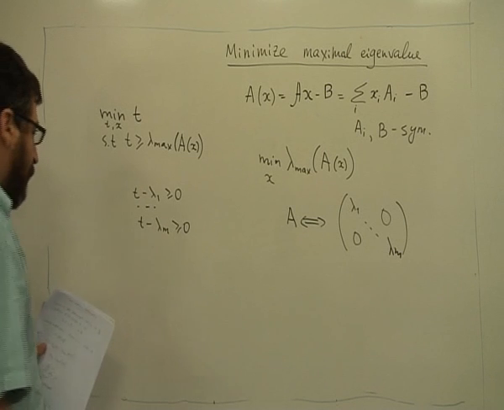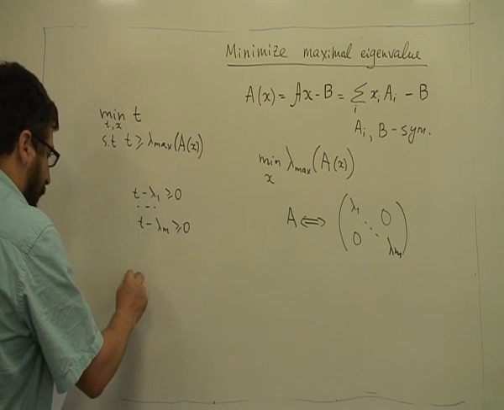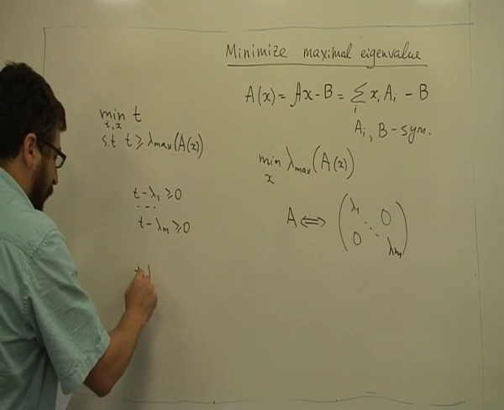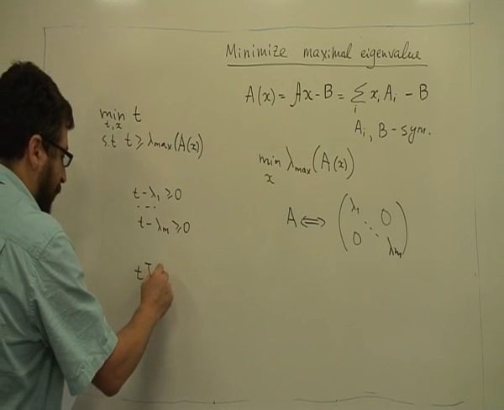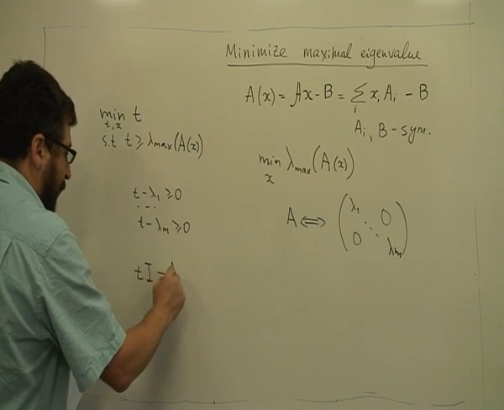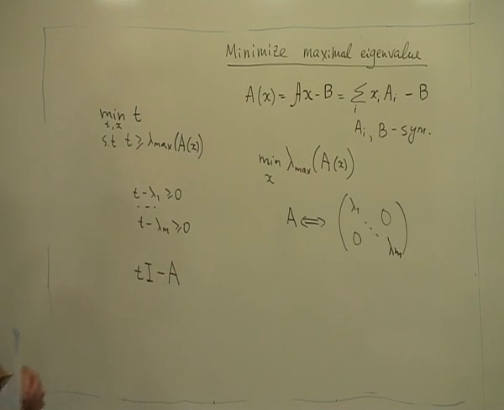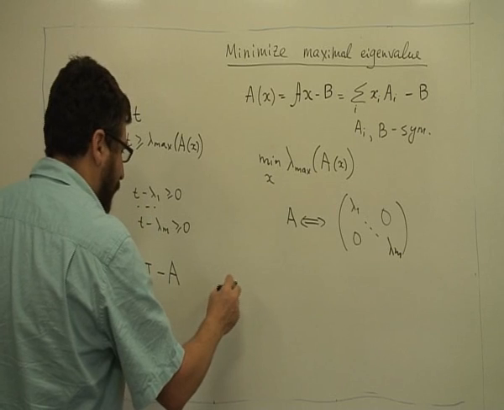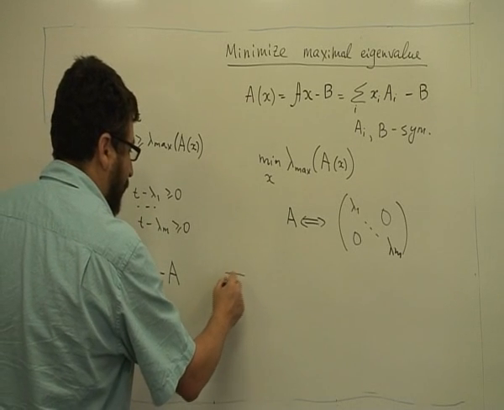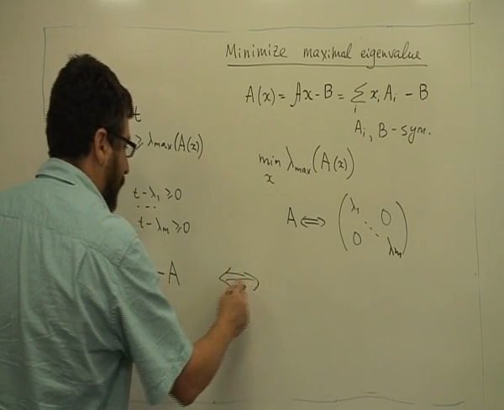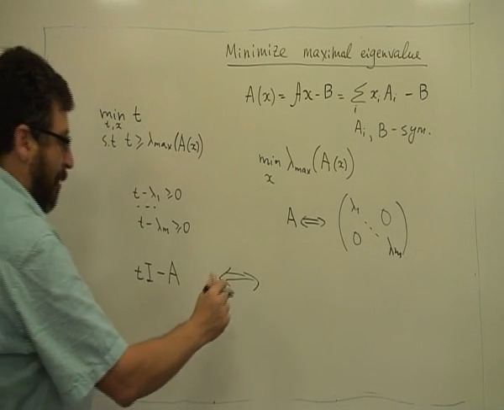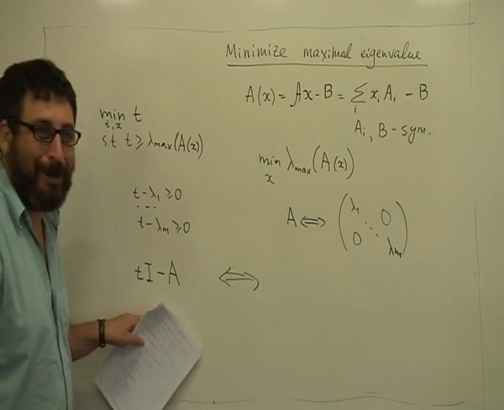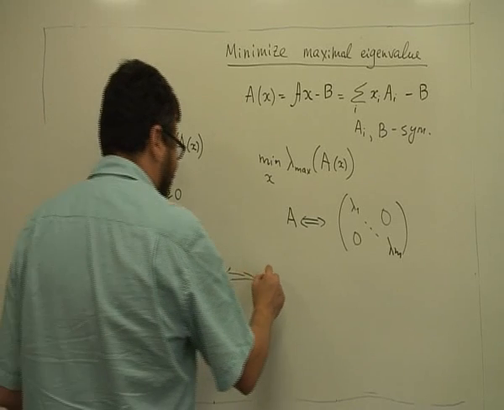Let's now write the matrix of this form: t multiplied by identity matrix minus A. And I will ask you, what are the eigenvalues of this matrix? And I will write the answer and you will think at home why it is correct.